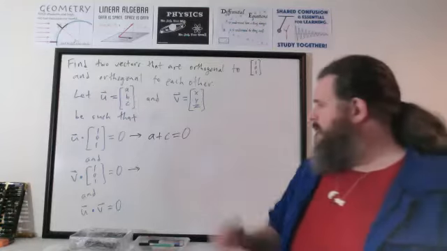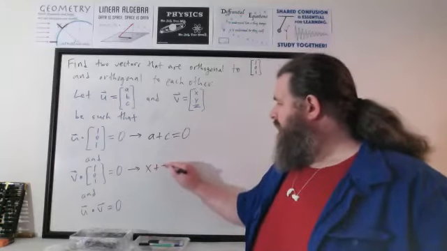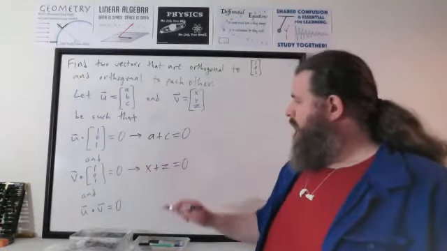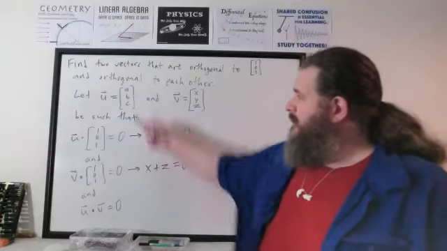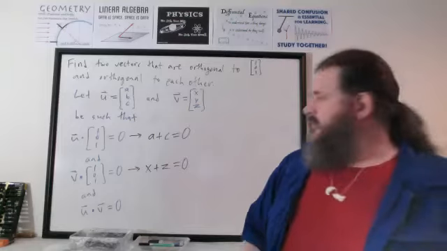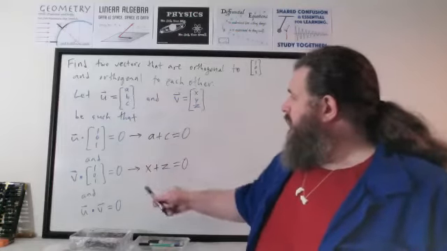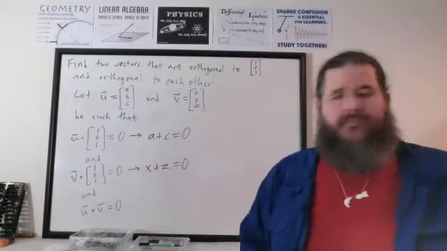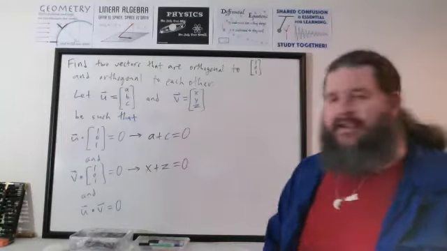X plus z. Yeah, x plus z also has to equal 0. Those alone will guarantee that u and v are both orthogonal to 1, 0, 1, as long as a and c add up to 0 and x and z add up to 0, regardless of what b and y happen to equal.